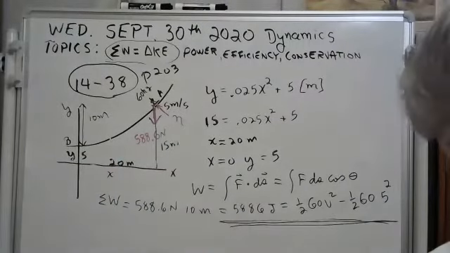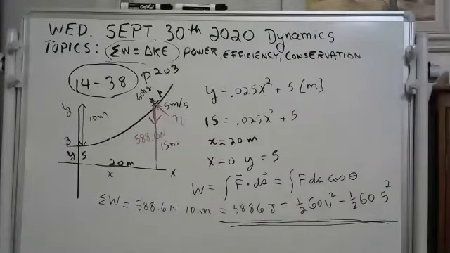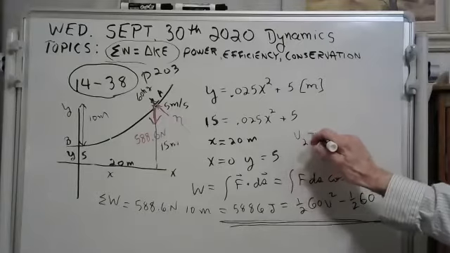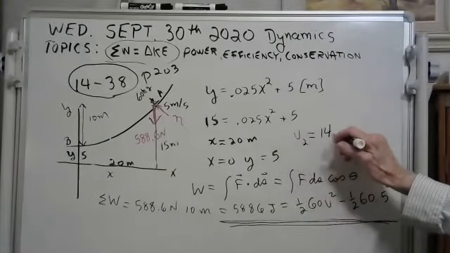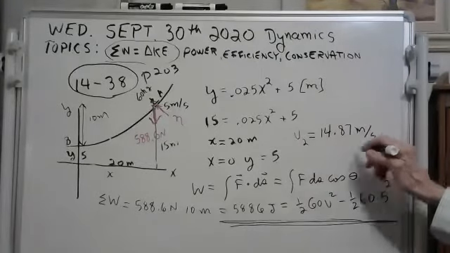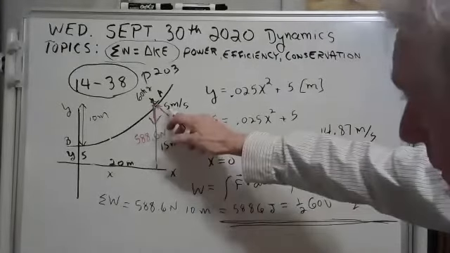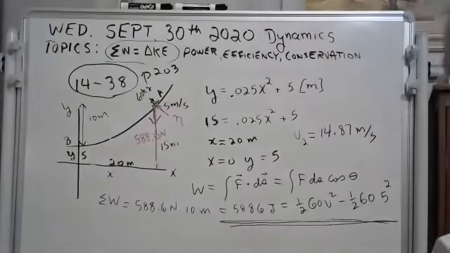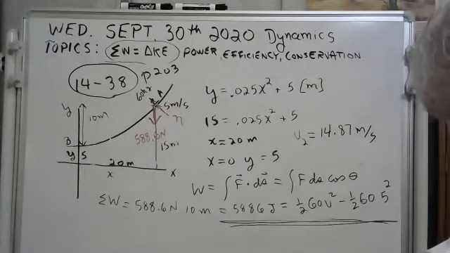I got 14.87 meters per second. That's what I got. We can call it V2. It's 14.87 meters a second. See, he was going 5 meters a second, but down here, right here, he's going 14.87. Now that was the easy way.